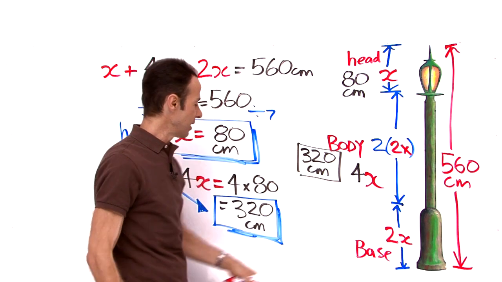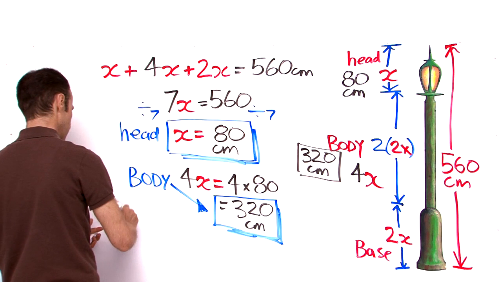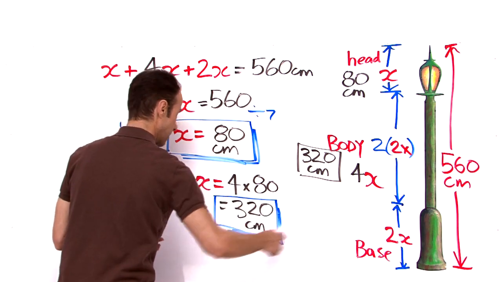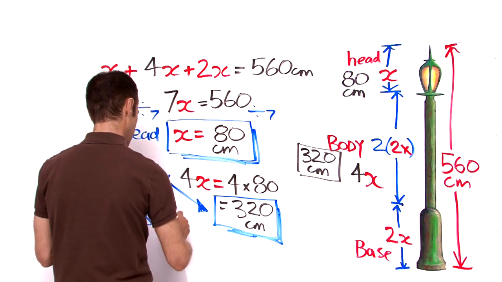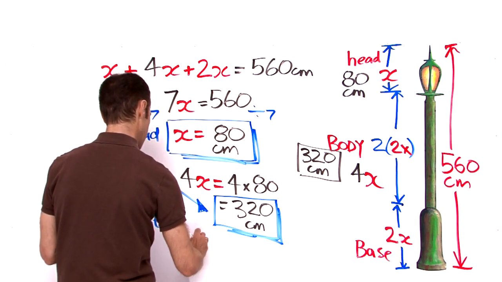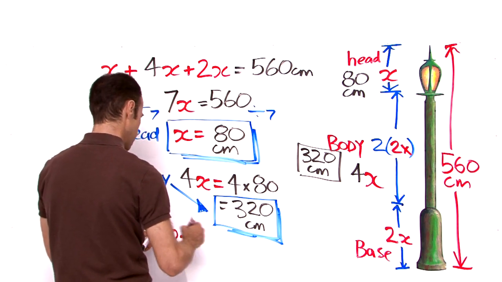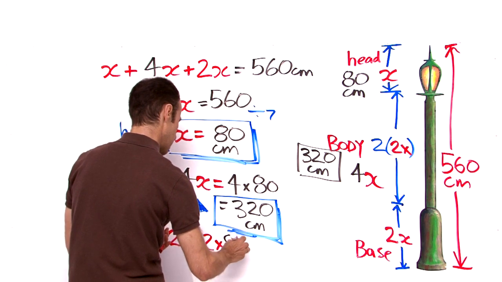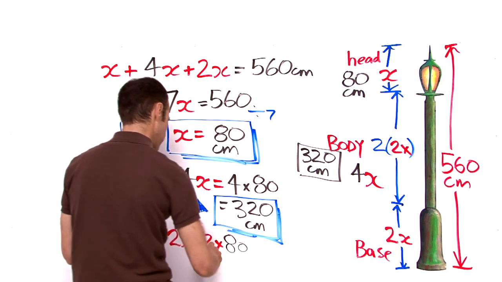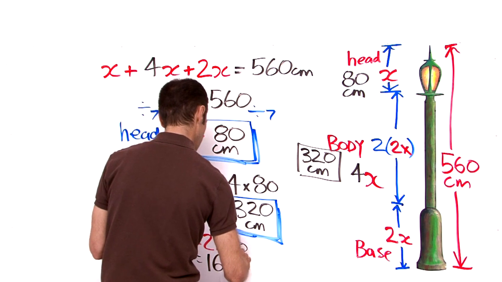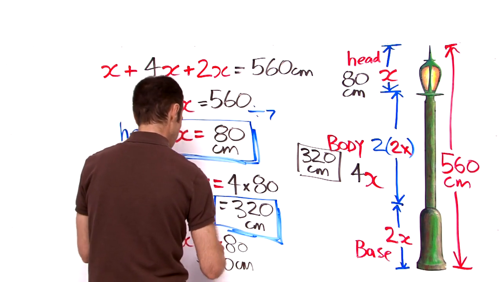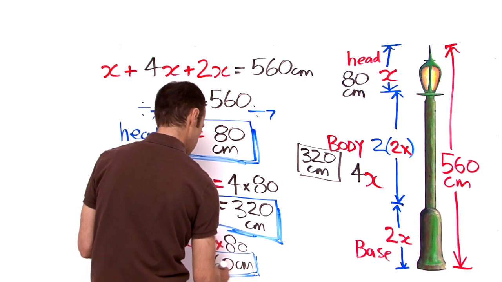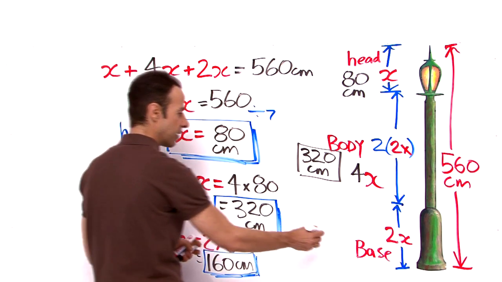Okay, finally the base down here. Let's work out the base. That's going to be 2x, 2 times x, which equals 2 times 80, and that equals 160 centimeters. 160 centimeters down here for the base.